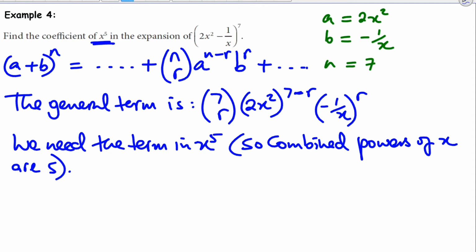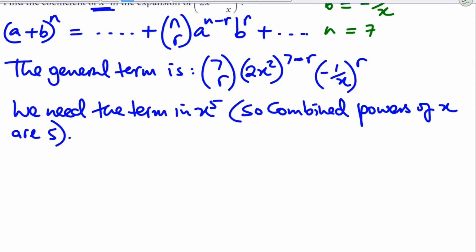We shall work that out by focusing on powers of x, because we know that the combined powers of x are 5. So looking at the general term, let's focus only on powers of x. What we shall have is x squared to the power of 7 minus r multiplied by 1 over x to power r.